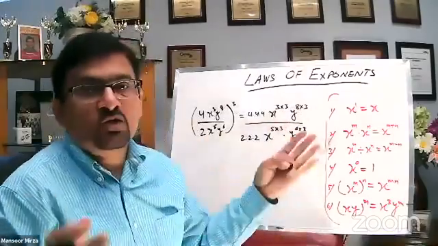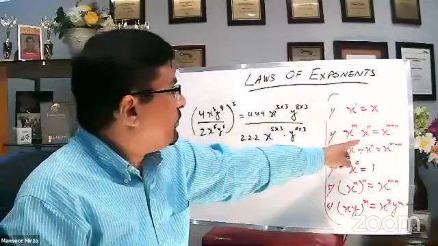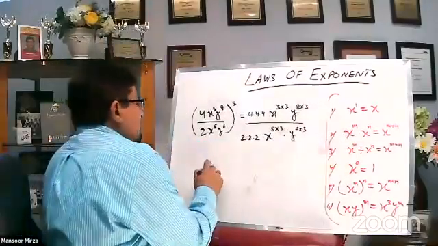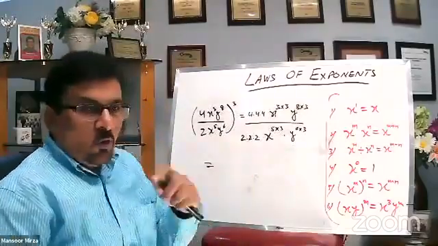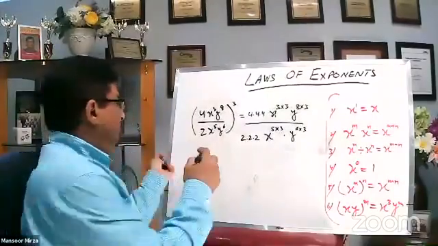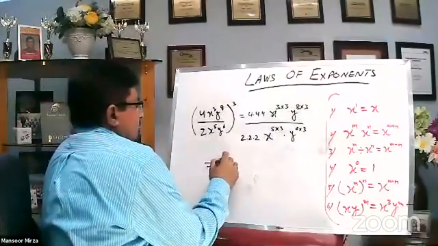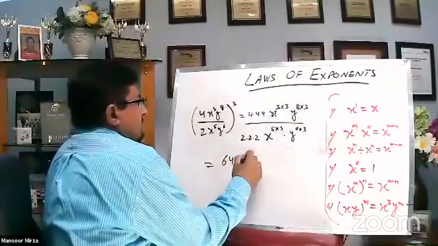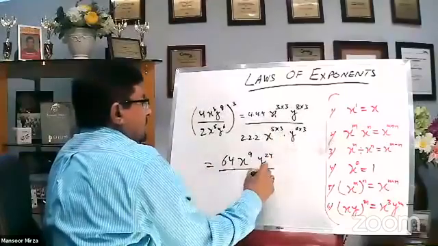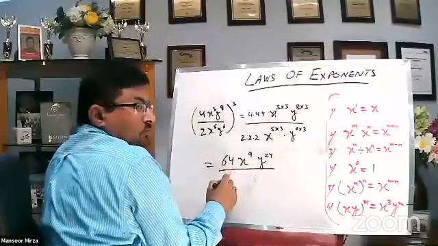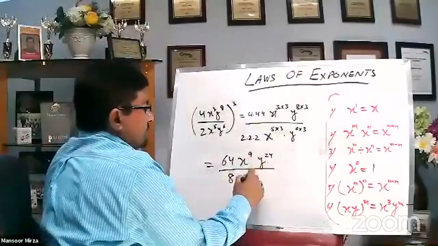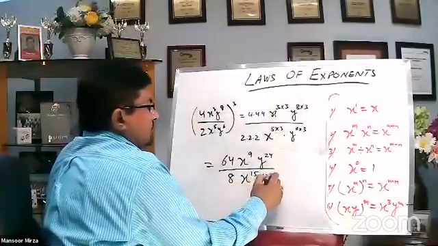Remember, these are not going to be added. Addition was when the bases are the same and you are multiplying them. So in this case, what will be the answer? 4 into 4 is 16, and 16 into 4 is 64. x, this will become 9, this will become 24, 2 to the power 3 is 8, x^15, and this will become 6 threes are 18 for y.